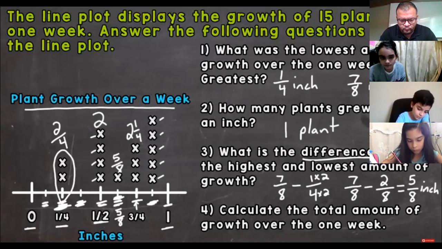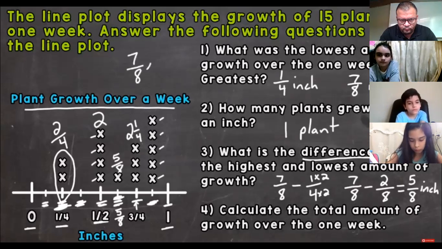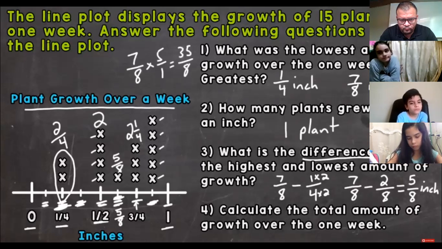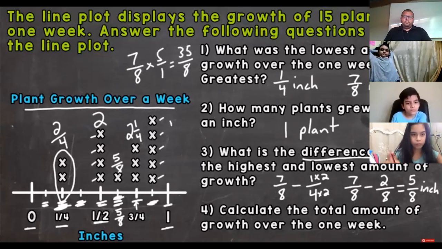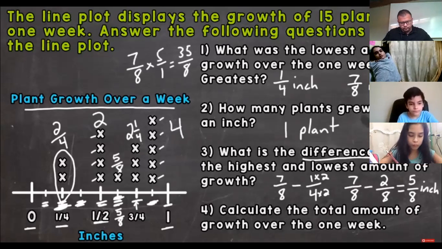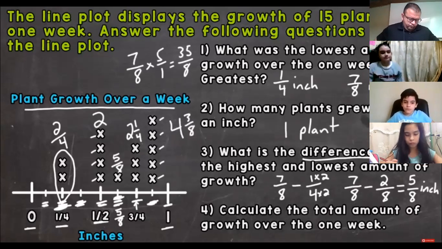So what we can do, I don't know off the top of my head, so let's do 7/8 times 5, which is going to give us 35/8, which now we need to get out of that improper fraction. So how many whole eighths out of 35? Well, 4. That gets us to 32, with 3 left over out of 8.